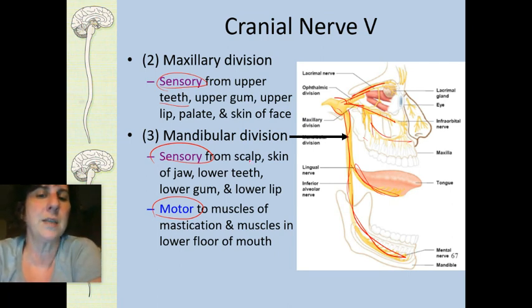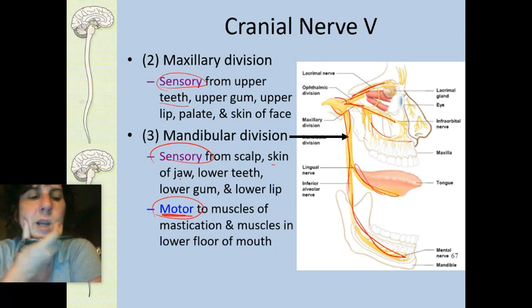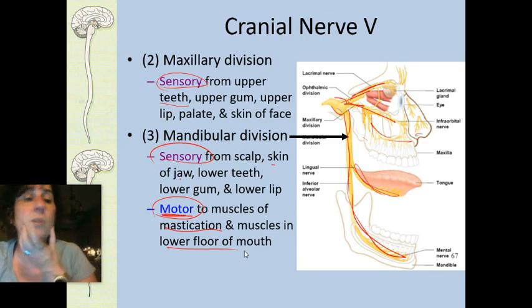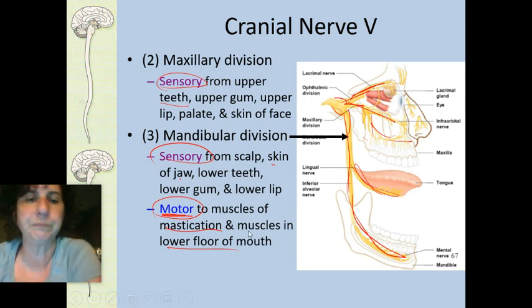So we've got sensory from the scalp, the skin of the jaw, lower teeth, lower gum, lower lip, but motor that tells those muscles in the mandible how to move in order for you to chew. Mastication is chewing. So mastication of food and the lower floor of the mouth so that we can move that jaw. Remember, the jaw is the only movable bone in your skull, so you have to have information going there.